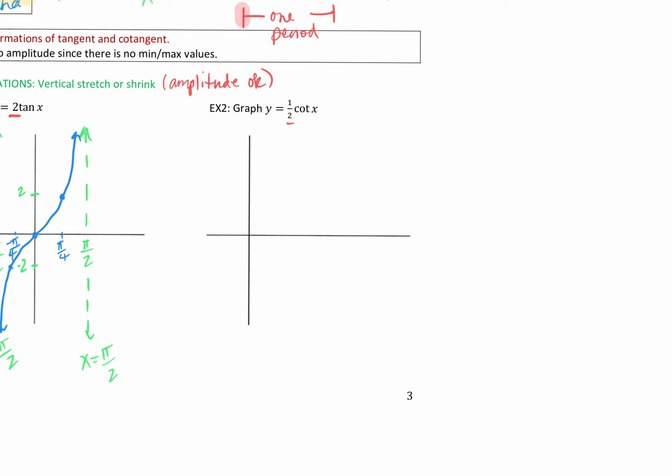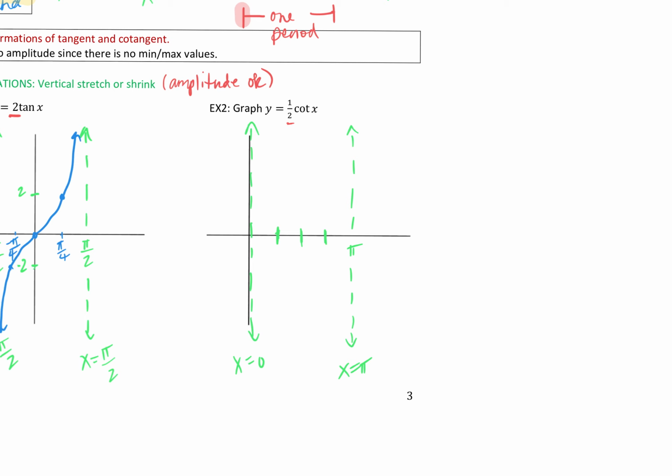It didn't change the period, and cotangent we typically graph from 0 to pi, where 0 and pi would be our asymptotes. And with all these trig functions, you see we're breaking things up into fourths, even with tangent, cotangent.